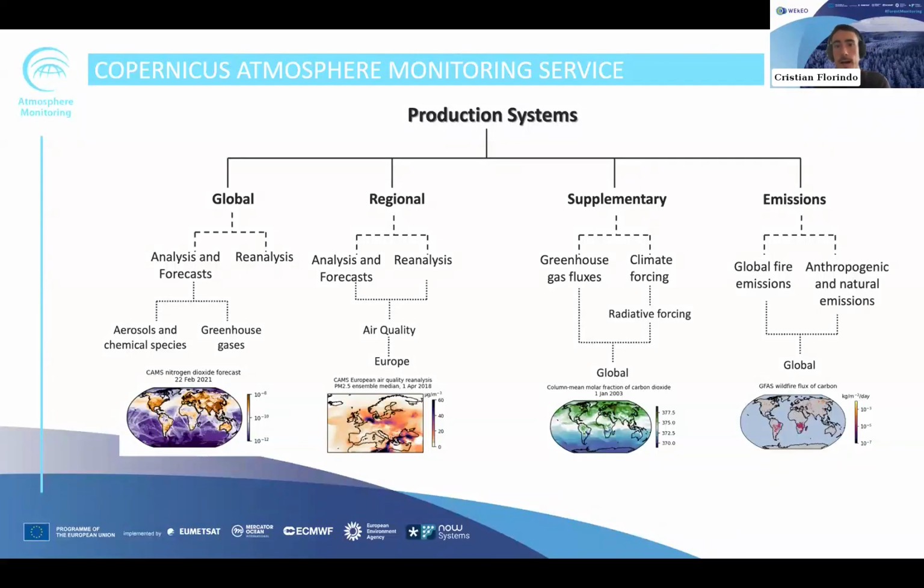You will find a lot of variables that are used in forcing models, and data on analysis, pre-analysis, forecasts, and products on air quality. So it's a full range as well, but of course more focused on the gas composition of the atmosphere.